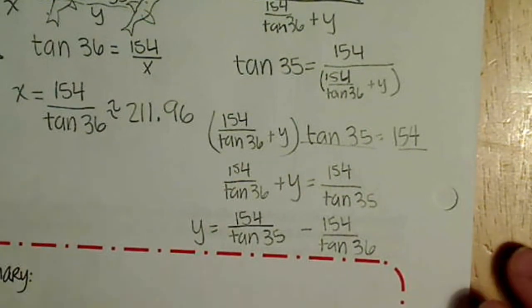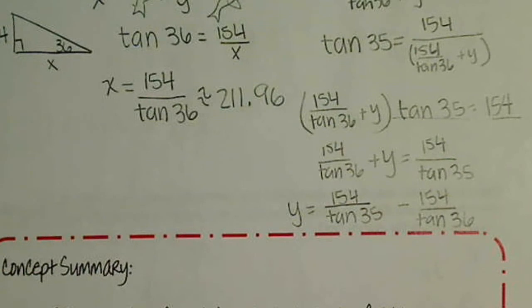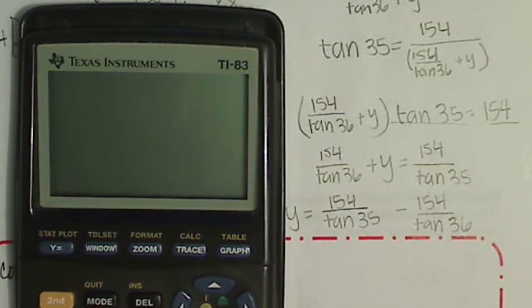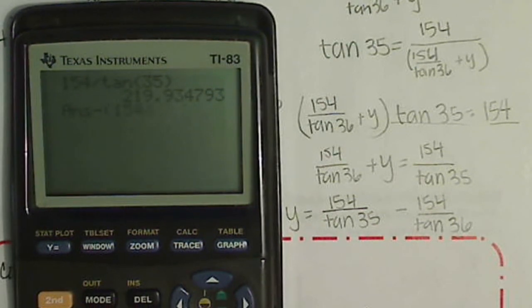That is a mouthful. Let's put that in our calculator. 154 over the tangent of 35, that's about 219, minus, I will put this in parentheses, 154 over the tangent of 36.